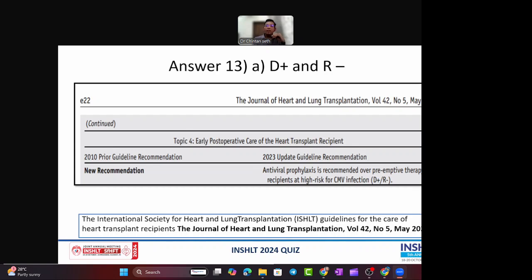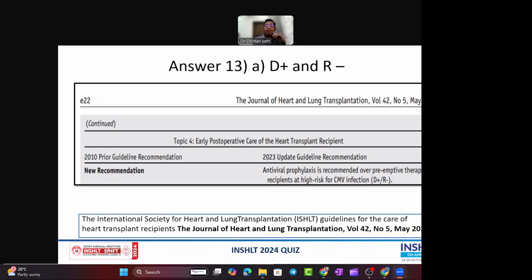Post heart transplant, CMV is one of the deadliest infections, with very high morbidity and mortality. It is also common. So we screen the recipient when we work up the patient, and we see the CMV IgG status of the patient. When we go for the donor, we take the donor sample for CMV also, and we see the donor IgG status.